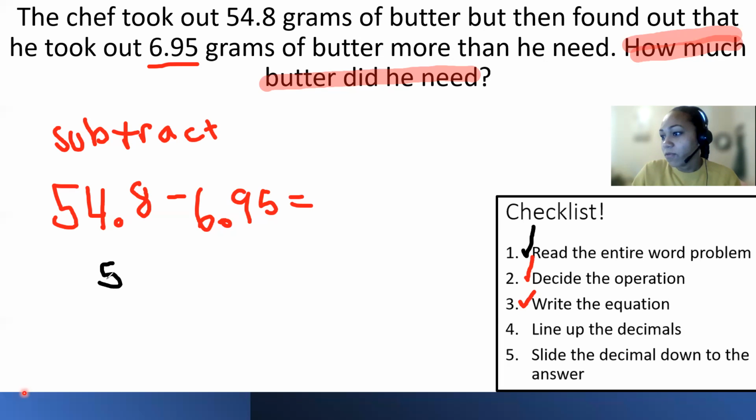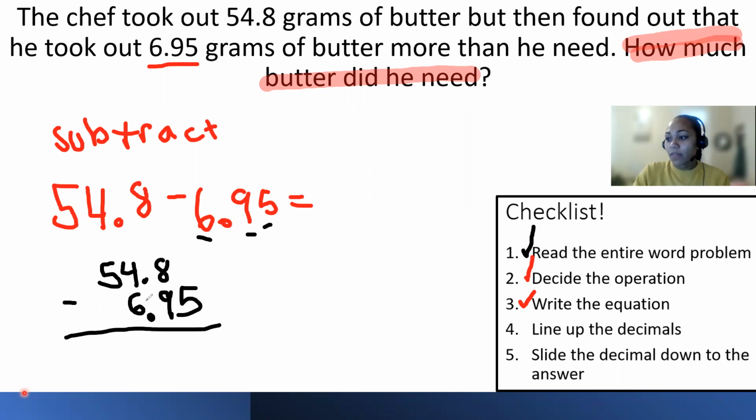So we have 54.8 minus, now that other decimal has to go right beneath it. There's a 6 in front of the decimal, and then a 9 and a 5.